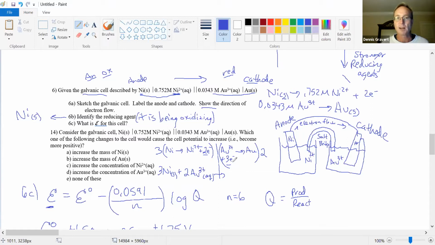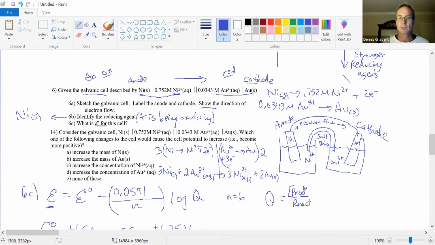I'm going to leave out the electrons because they cancel out. Products are going to be 3 nickel cations, aqueous, and electrons cancel, and over here it's just 2 gold metals.